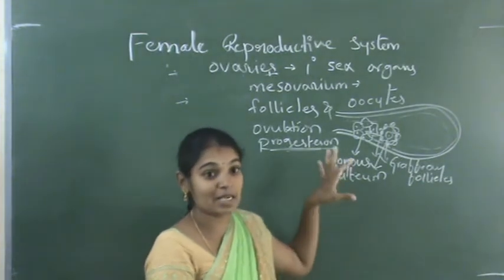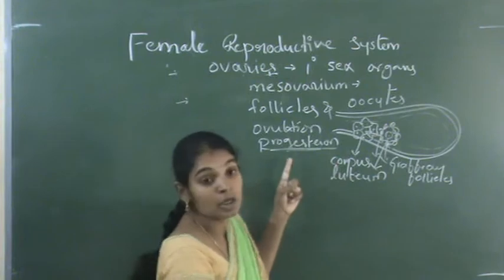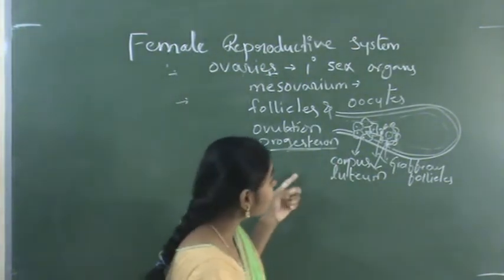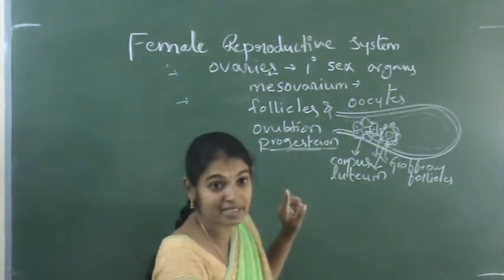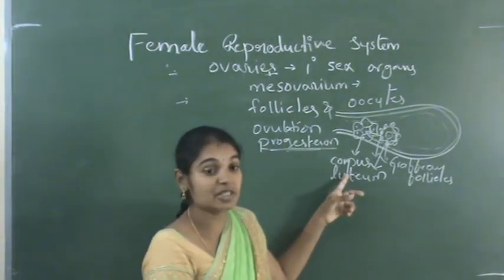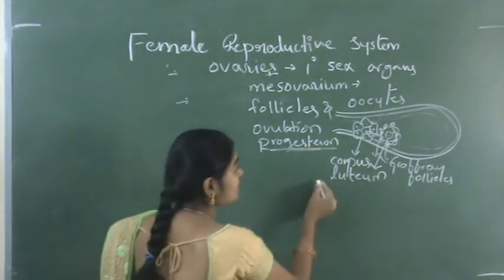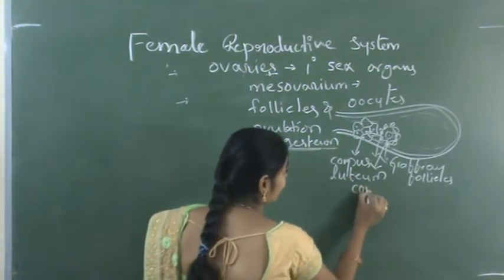Once the placenta is formed, the placenta starts to secrete progesterone. But if fertilization does not take place, the corpus luteum degenerates into a white colored body, which is known as corpus albicans.